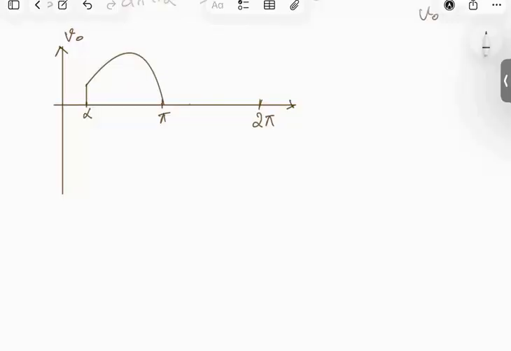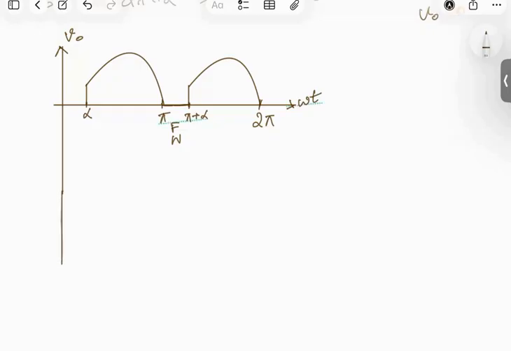From pi to pi plus alpha, we will have freewheeling action, so the output voltage is 0. Then from pi plus alpha to 2 pi, the output voltage will be equal to minus Vs. During that time, Vs will be on the negative side, and since V0 is equal to minus Vs, it is drawn on the positive side. So this is the output voltage waveform.